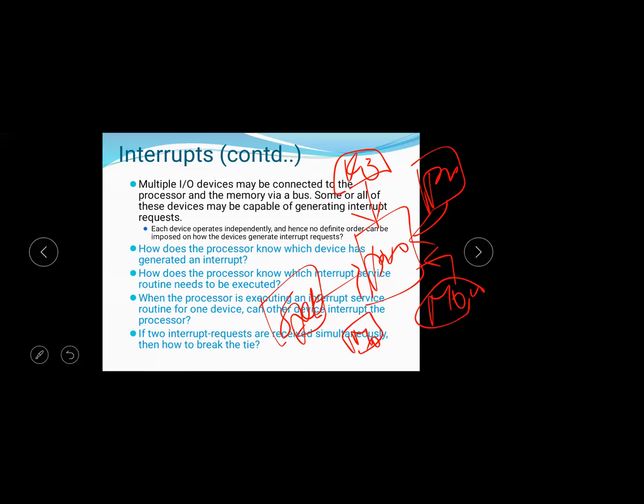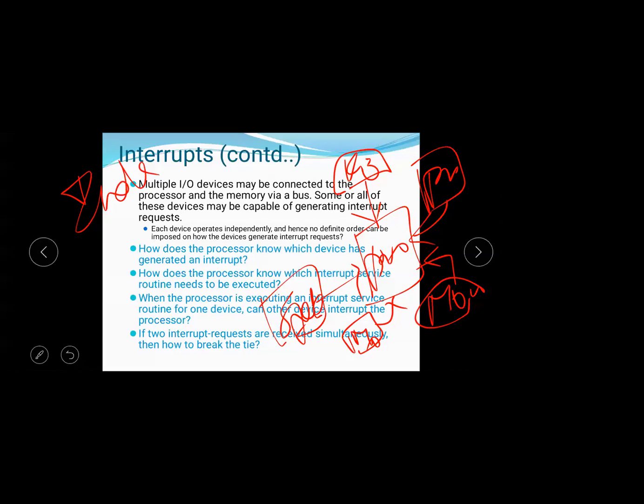All the devices are operated independently, and one device's operation does not disturb the operation of the other devices.